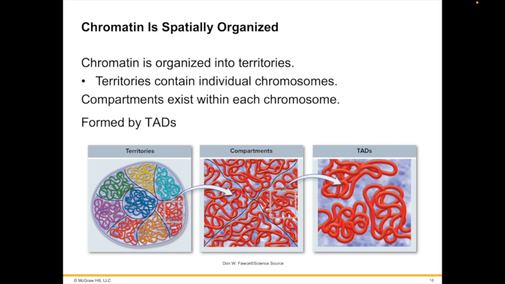These in turn are formed by looped structures called TADs. The base of a loop is anchored by cohesin and CTCF. The DNA in TADs is organized into nucleosomes, which consist of DNA wrapped around a core particle of 8 histone proteins.